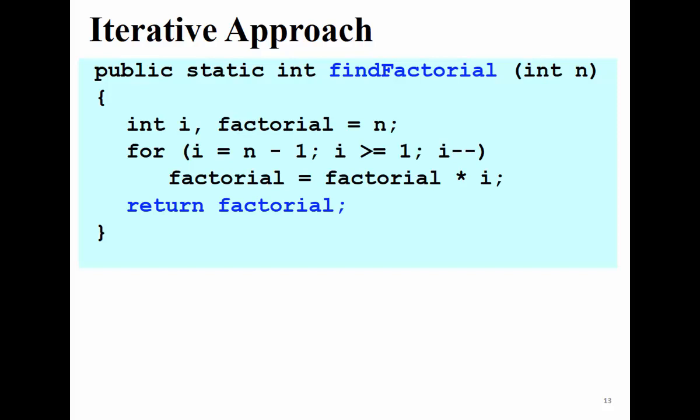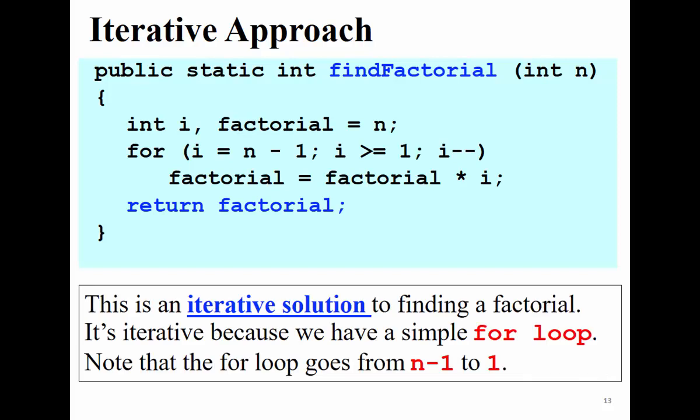And then we loop from n minus 1 down to 1. You see the decrement inside the loop? So we multiply always n times n minus 1 at each iteration until we reach i equal to 1. Then we multiply with 1 and exit the loop. So we start the loop from n minus 1 down to 1, and at each iteration, we just calculate the product.